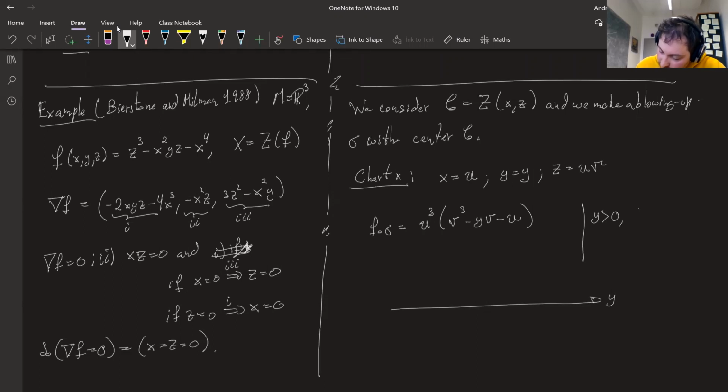Then we have this equation, V cubed minus YV minus U equal to 0 with a fixed Y, and therefore U is given by V cubed minus Y times V. And this has 3 real solutions: V equals 0, minus the square root of Y, and plus the square root of Y.